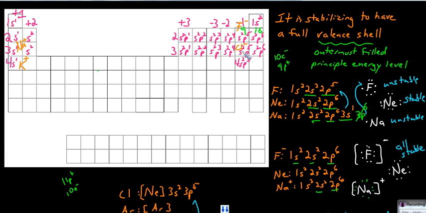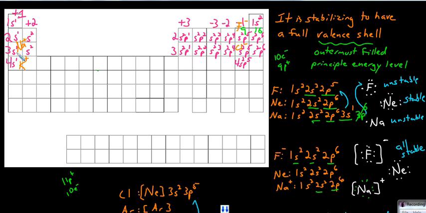Fluorine and chlorine, ending in P5, can both accept one more electron to be just like the most nearby noble gas, neon and argon. And so they both will accept one electron and get a -1 charge. And sodium and potassium both end in S1. They'll both lose one electron to be just like the most nearby noble gas. And so they'll both get +1 charges.